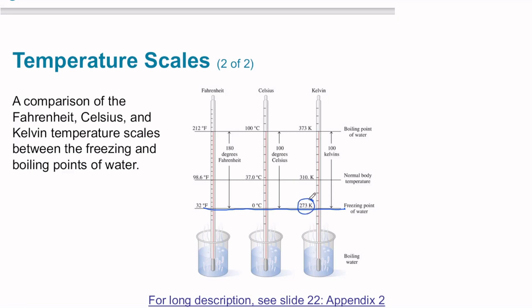That is 273 kelvins. Normal body temperature would be 98.6 Fahrenheit, 37.0 degrees Celsius, and 310 kelvins. The boiling point of water is 212 degrees Fahrenheit, 100 degrees Celsius, and 373 kelvins.